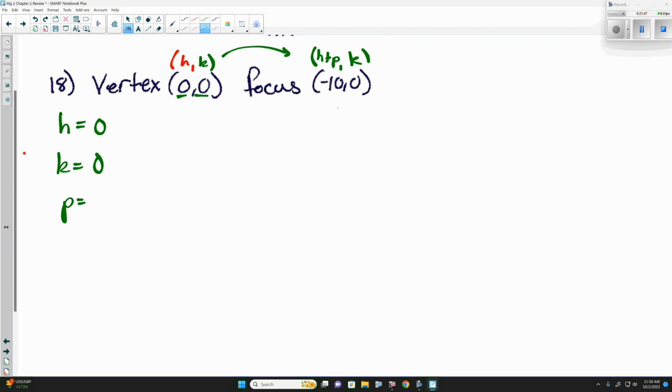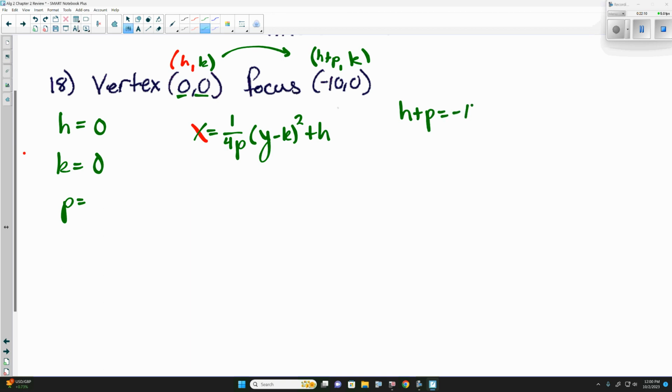And if we look at the general form, there's one of them that does have the focus as h plus p, comma k. And that is our x equals 1 over 4p times y minus k squared plus h. We do have h, we do have k, we're just missing the value of p.